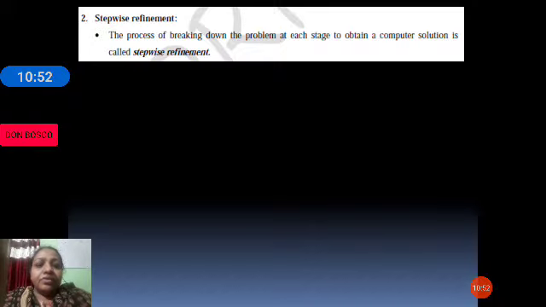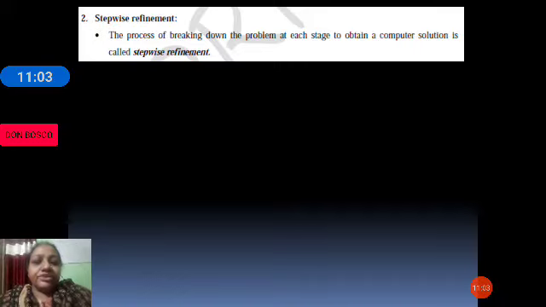The next problem solving approach is stepwise refinement. So what is stepwise refinement? Top-down design is where a given problem is divided into smaller units, and stepwise refinement means the process of breaking down the problem at each stage to obtain a computer solution.